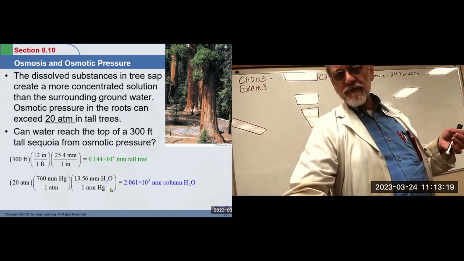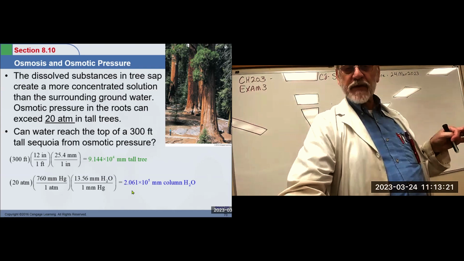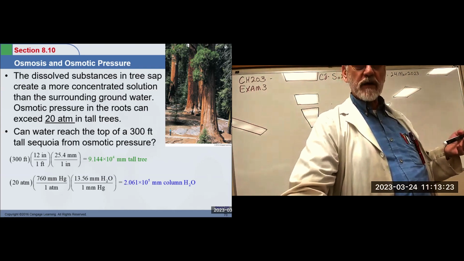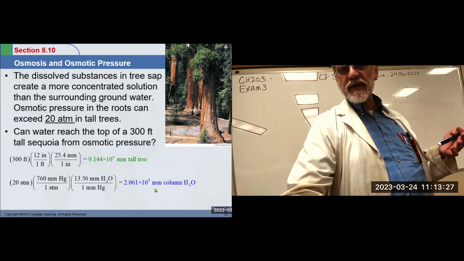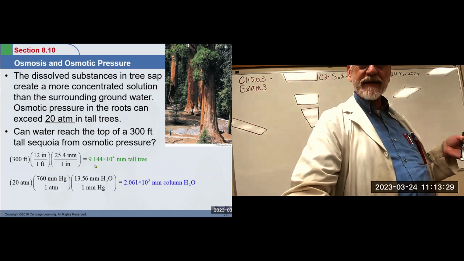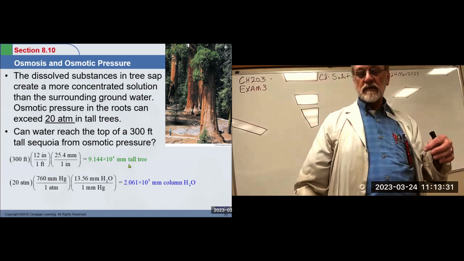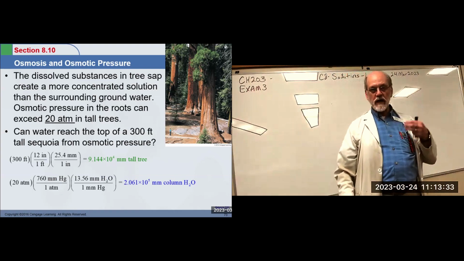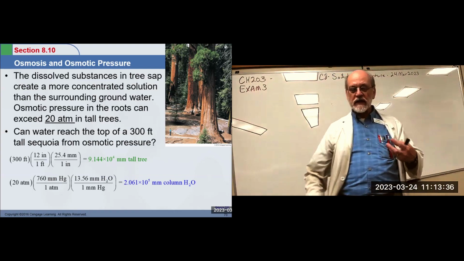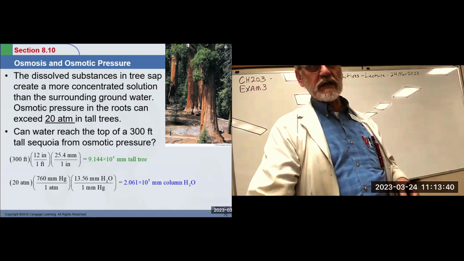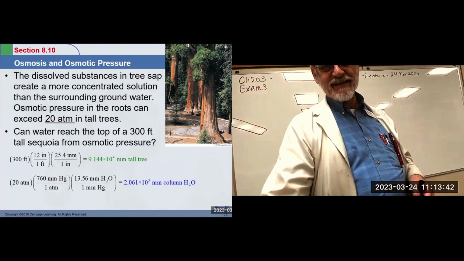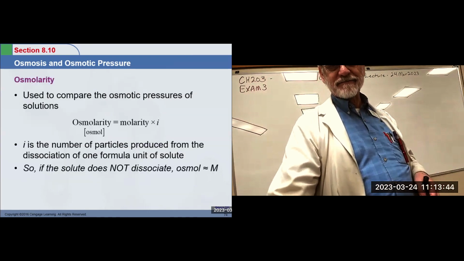So once we do that, we find out that 20 atmospheres will support a column of water that's 2 times 10 to the 5th millimeters high. Well, the tree is only 9 times 10 to the 4th. Yeah, there's enough pressure, osmotic pressure in the roots of a tree to drive the water to the top. Okay, I thought that was neat. And a simple calculation.